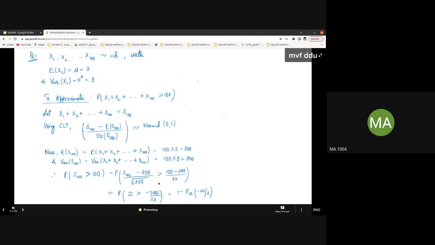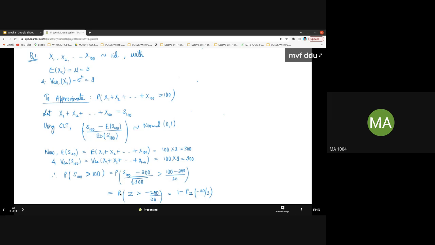So now we know that this, S100 minus 300 by square root 900, will follow standard normal 0, 1. So you can replace this with capital Z. Now Z is a random variable which follows normal 0, 1, and we have got the probability that Z is greater than minus 200 by 30. If you cancel it out, it will be minus 20 by 3.